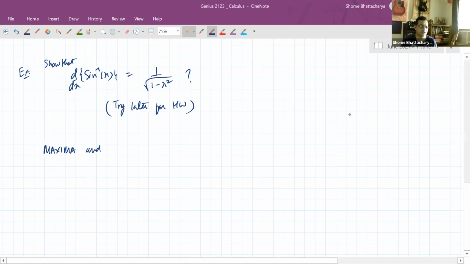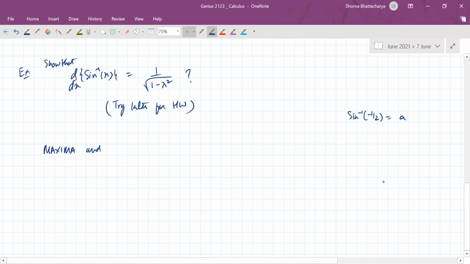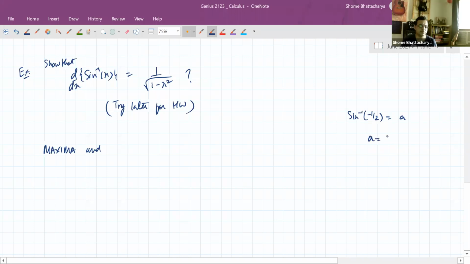So first see, sine inverse of minus half. If I take sine inverse of minus half is equal to something, let's say A. That means A is in which quadrant? Either in third or fourth quadrant. So I'll have to interpret A accordingly. If it is in third quadrant, it is pi plus sine inverse of half.